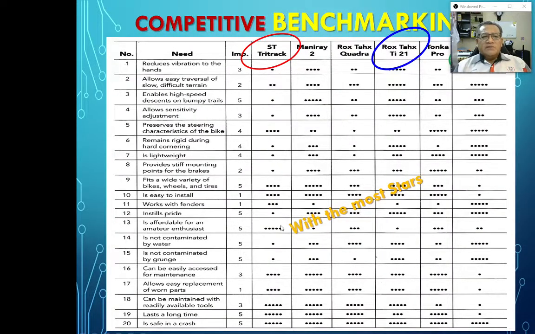Now, upon competitive benchmarking, you have to translate the values from the previous slide into a star rating. If it is good, you give a star rating of 5. If it is in the middle, you give a star rating of 3.